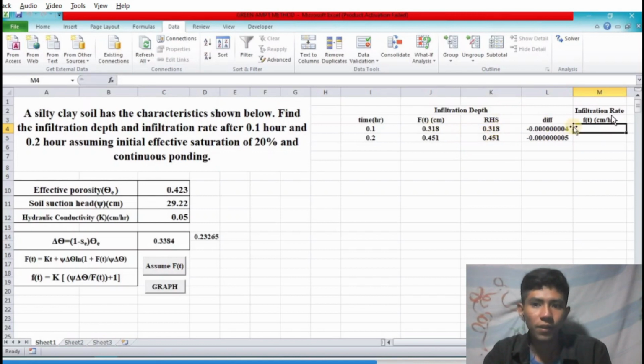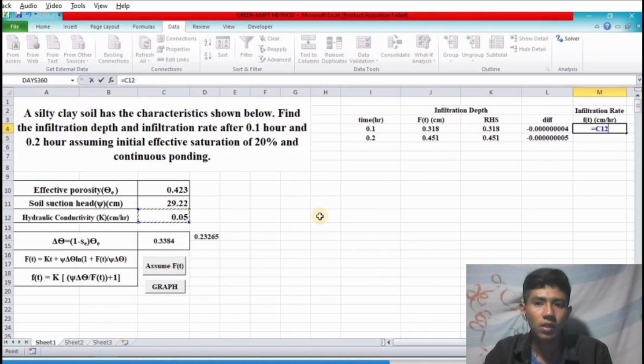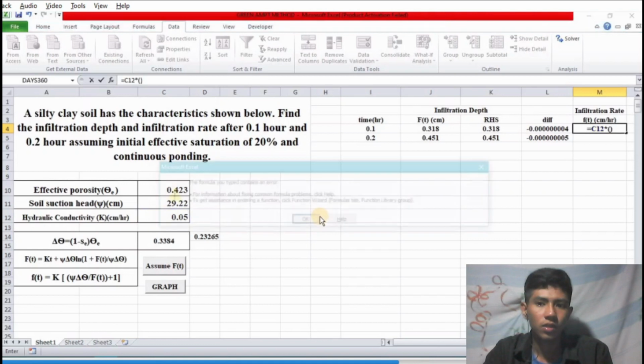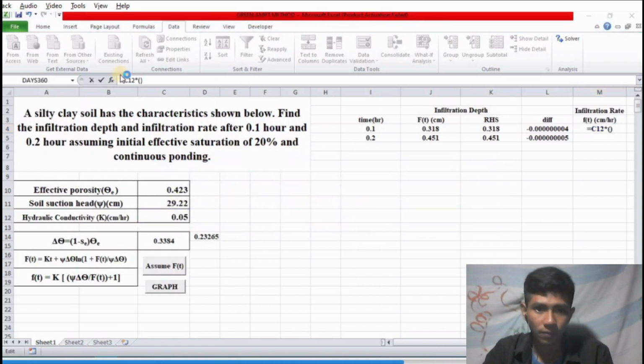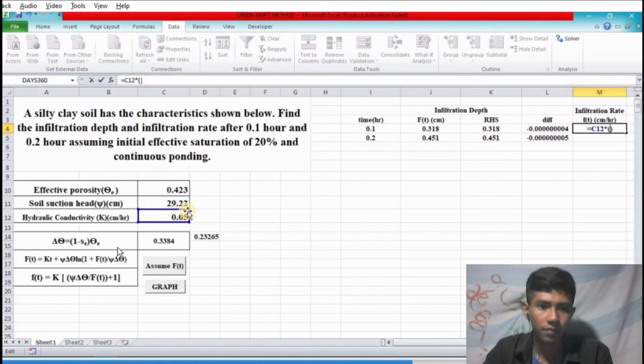Now time to get the infiltration rate. Use this formula: hydraulic conductivity times suction head, oops, a mistake, suction head times the delta theta, divided by this, plus 1.